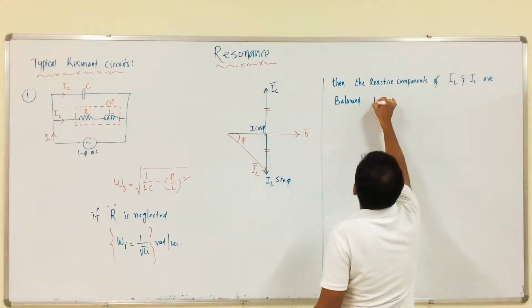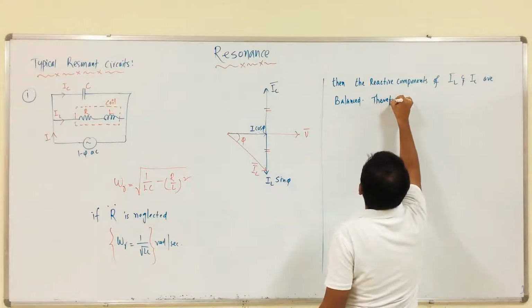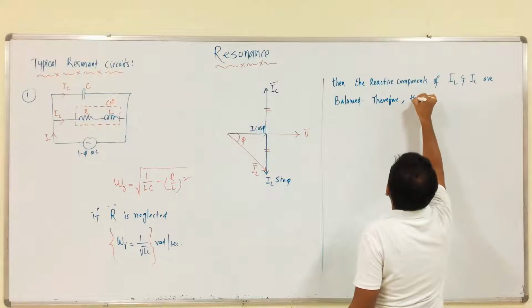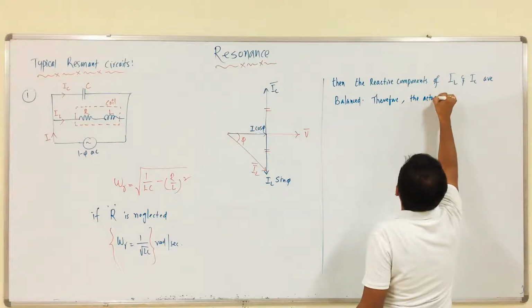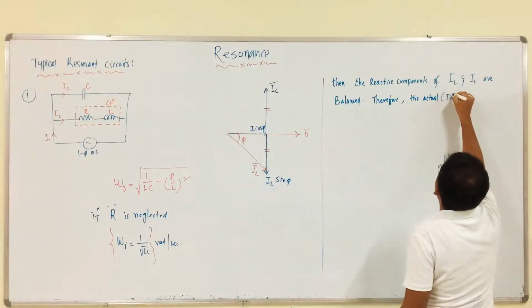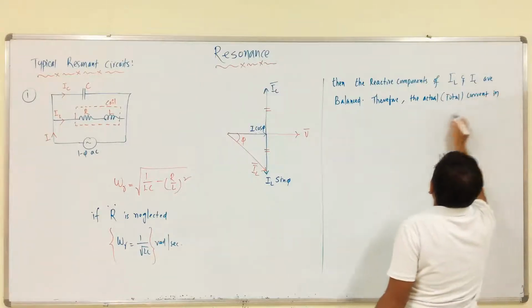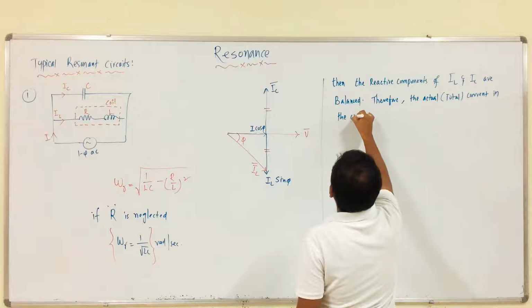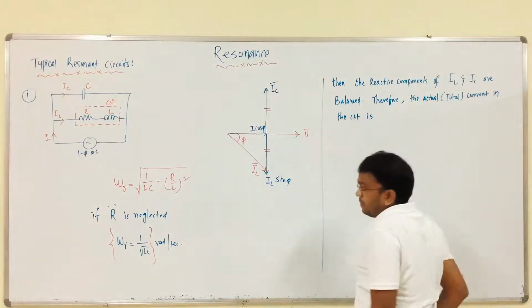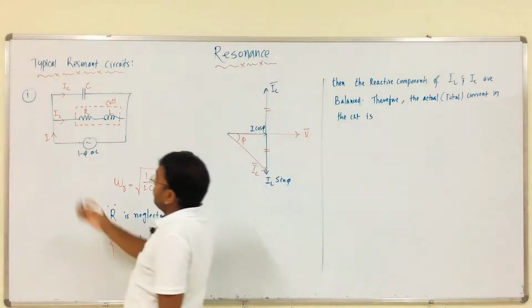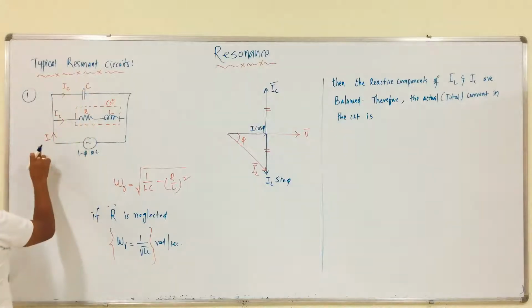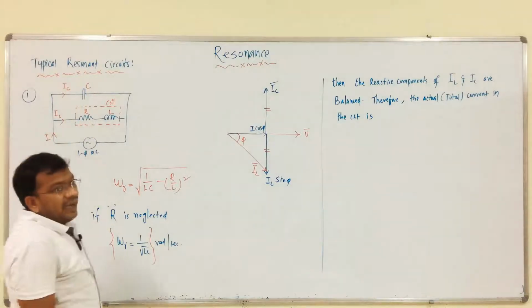Therefore, the actual current or total current of the circuit is what? Okay. We have completed this part, but what about this total current I?